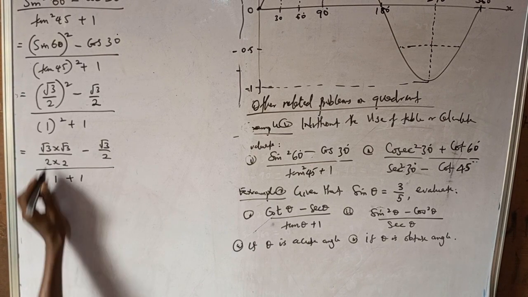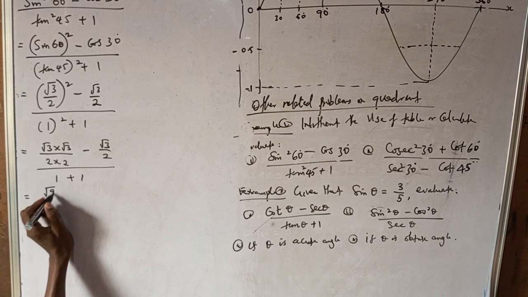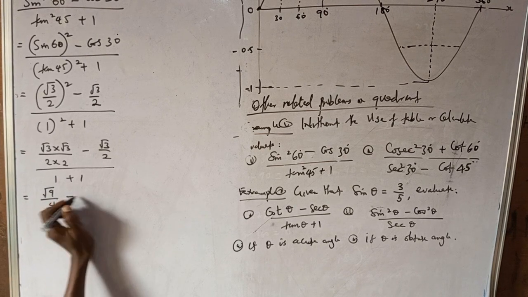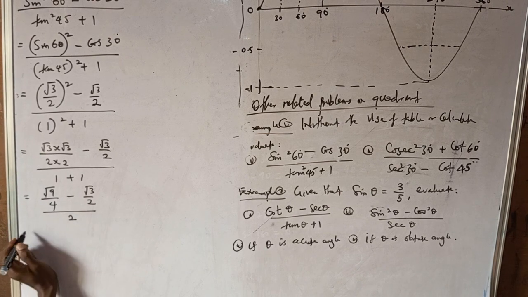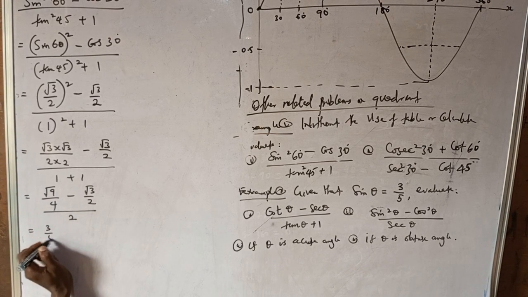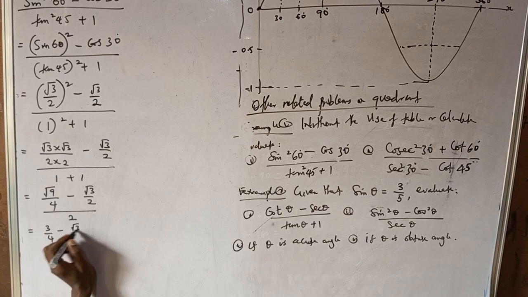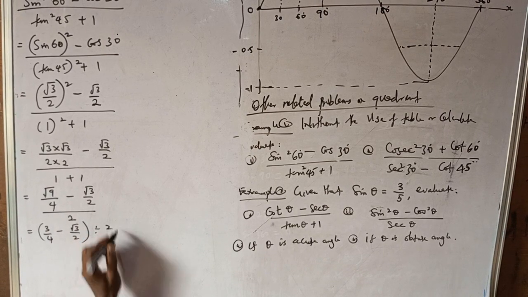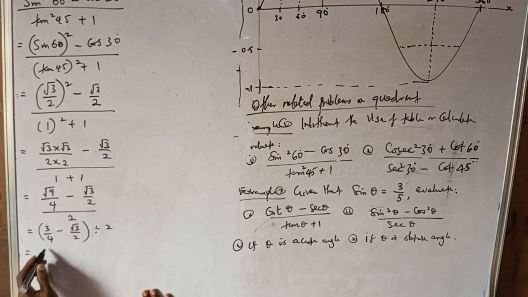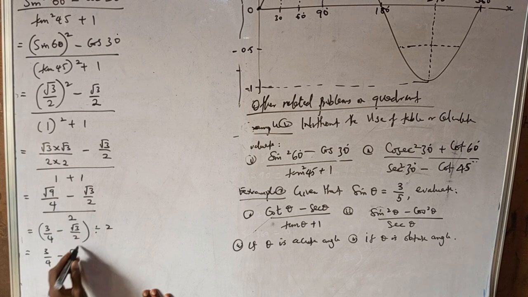That gives me root 9 over 4 minus root 3 over 2, over 2. Square root of 9 is 3, so 3 over 4 minus root 3 over 2, divided by 2, which will give me 3 over 4 minus root 3 over 2 times 1 over 2.